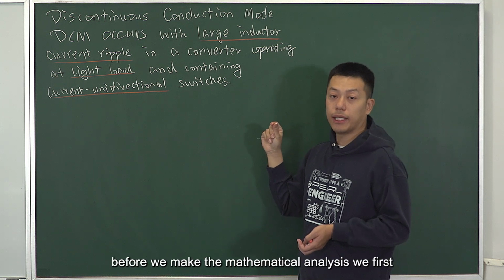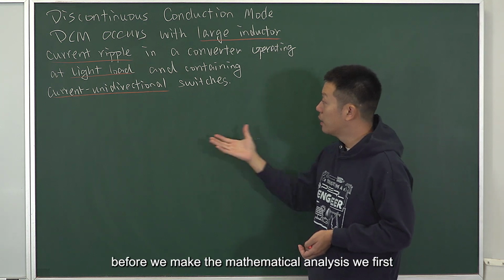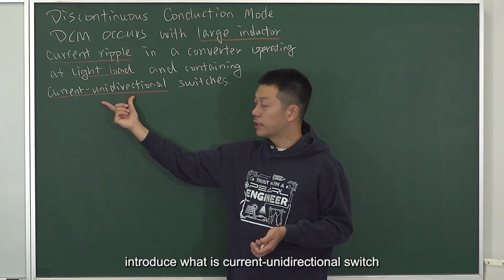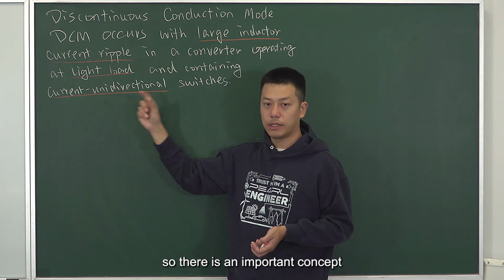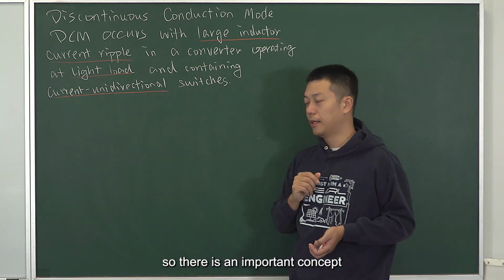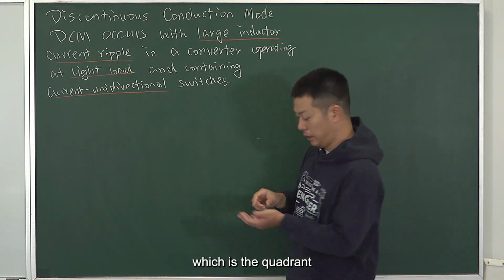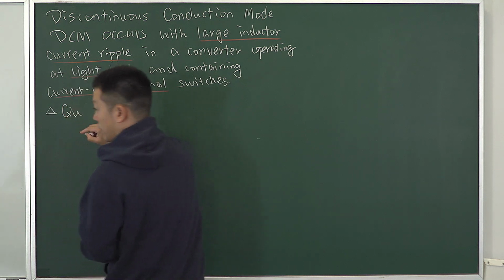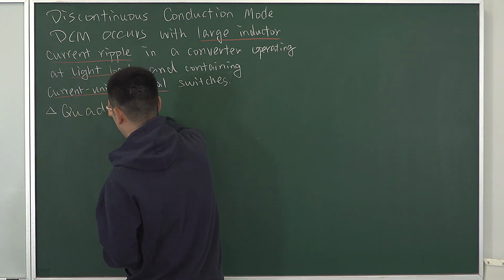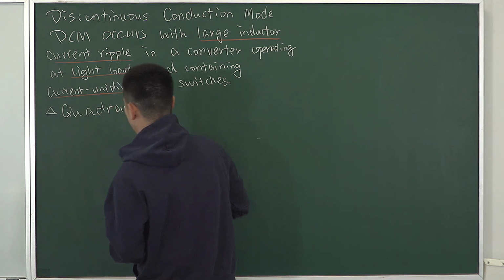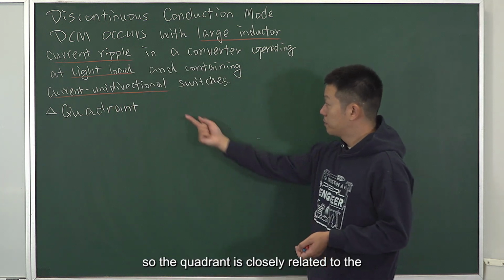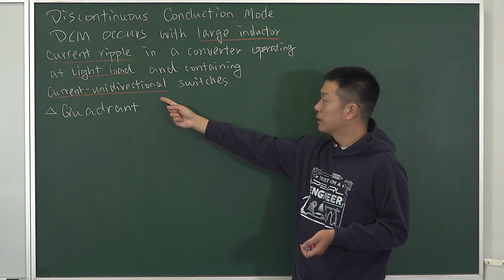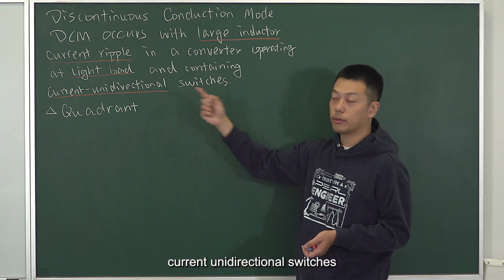Next, we'll try to analyze the DCM operation quantitatively. Before we make the mathematical analysis, we first introduce what is a current unidirectional switch. There is an important concept, which is the quadrant. The quadrant is closely related to the current unidirectional switches.